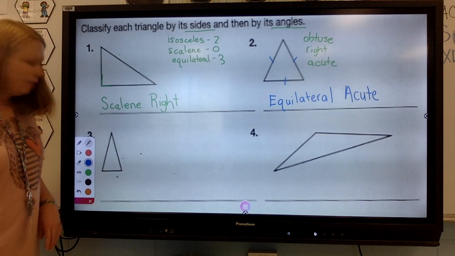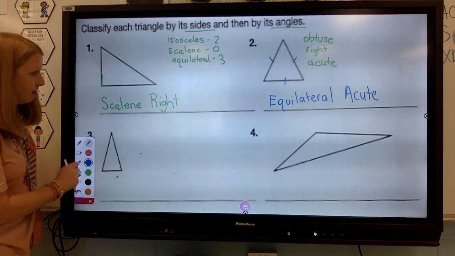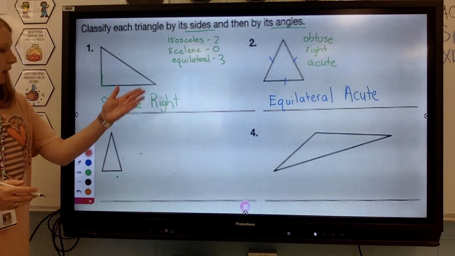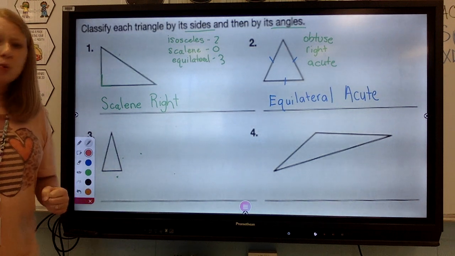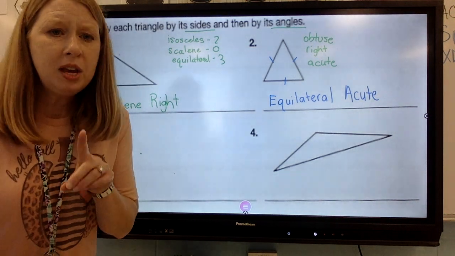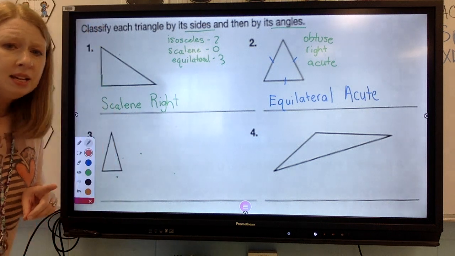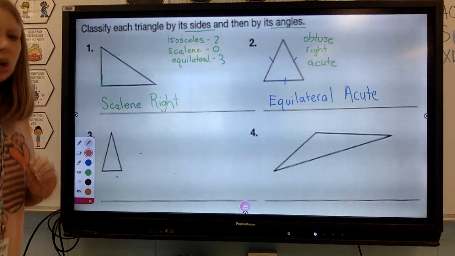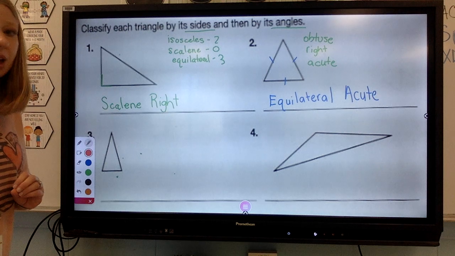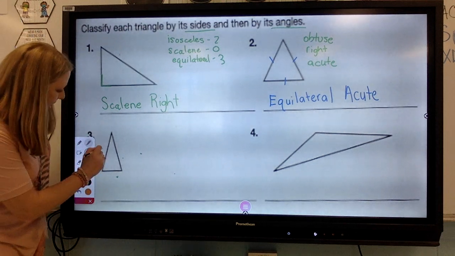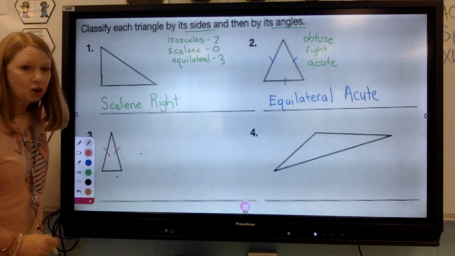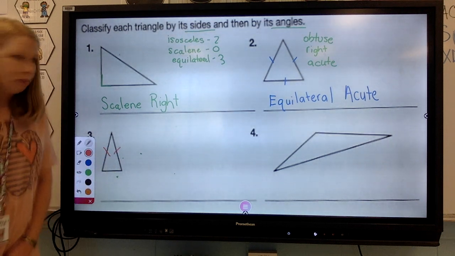Now, let's look at number 3. For number 3, is it an isosceles? Is it scalene or equilateral? You tell me, what do you think? Isosceles, equilateral, or scalene? That one's pretty easy, isn't it? When I look at it, I can tell that this side and this side are exactly the same measurement.